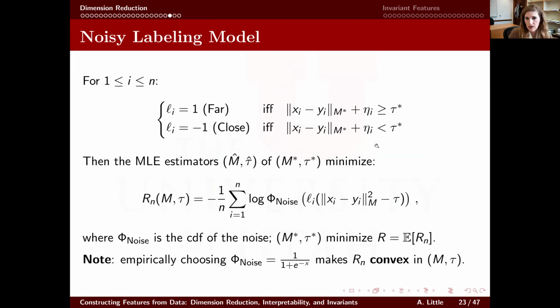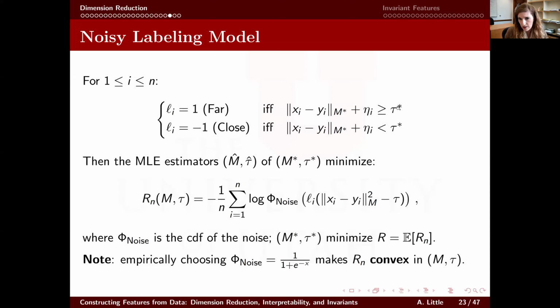So we came up with a probabilistic model for this, where we assumed that we have labels from pairs of points, but the labels are generated with noise. Without noise, you would have some ground truth M star driving your relevant distances, and you would compare that with a threshold tau star.